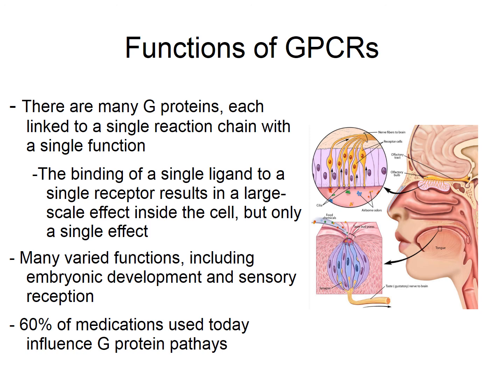Now, inside your nose, way up here at the very tippy top, right under your brain, there's a little patch of tissue here called the nasal epithelium. And if we look inside that, you're going to see these yellow-looking cells sticking out. Those are neurons, and they're going to receive information. They have these little extensions that stick out, and those are going to have receptors on them for smell molecules.